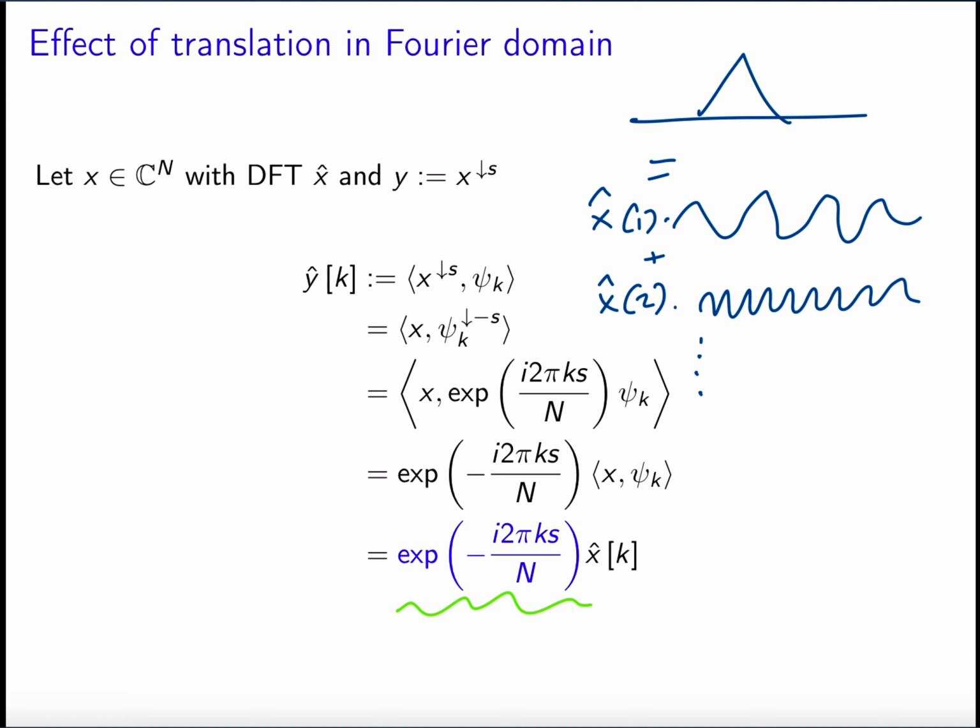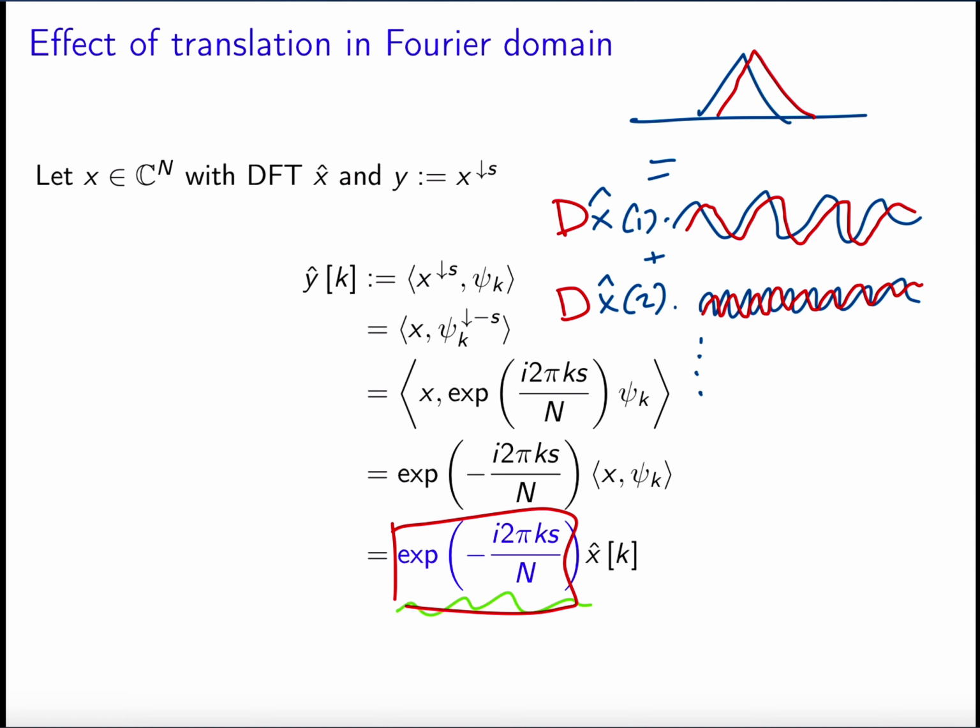So now, if we shift this, what are we doing? We're just shifting each of these sinusoids, right? This is exactly equivalent because the signal is equal to this linear combination of the sinusoids. We're just shifting them. And if shifting them just produces this term that depends on the frequency each time, well, in your new representation, you still have the same frequencies, and now you have just modified the Fourier coefficients.